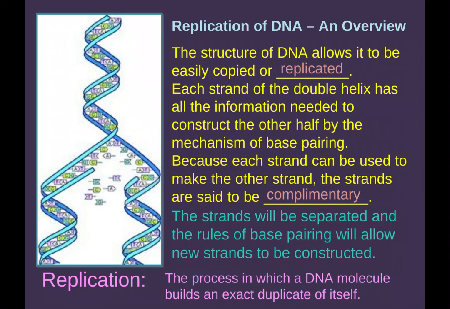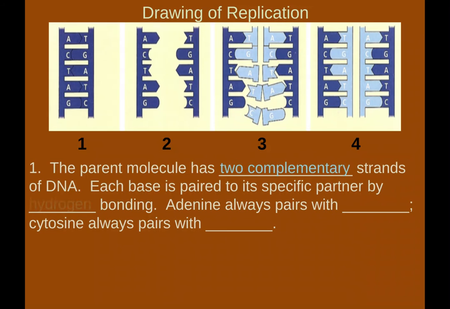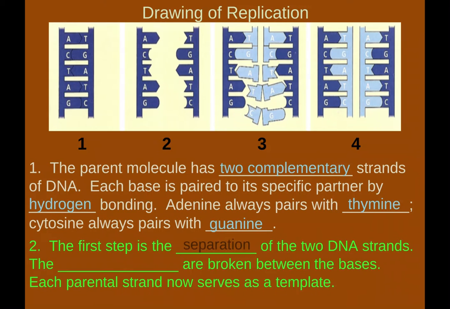So we have our twisted ladder, and the ladder is going to be split, and we'll talk about how that works in a little bit. Then each half of the ladder is going to get copied to make identical rungs of the ladder. Each half is going to have what's called a complementary strand. So this side would be complemented by this side.